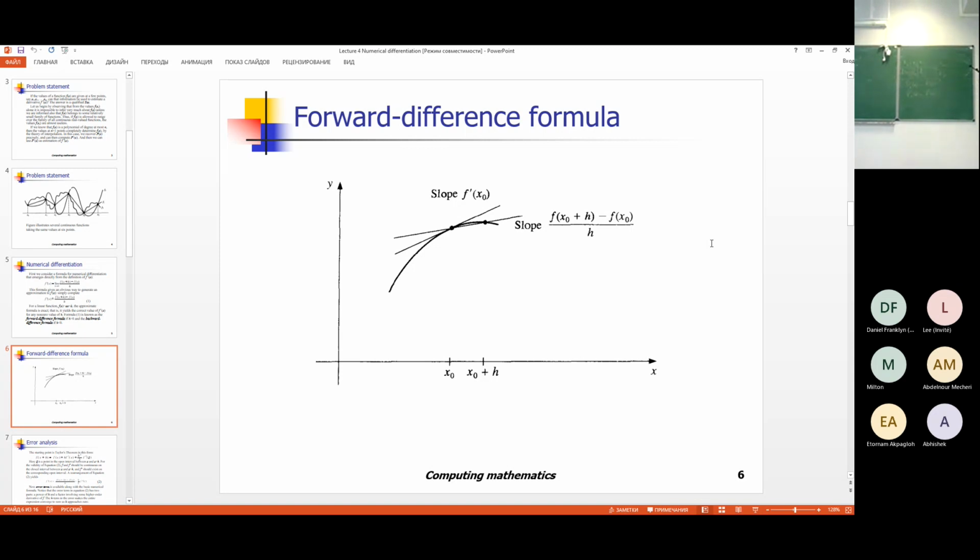What is the value of f of x0 plus h? 1.1 power 3. What is the value?